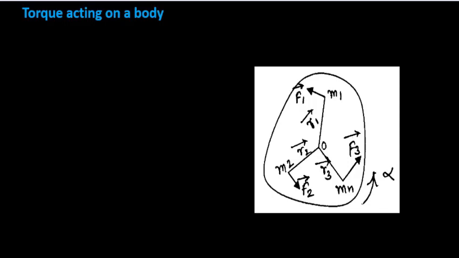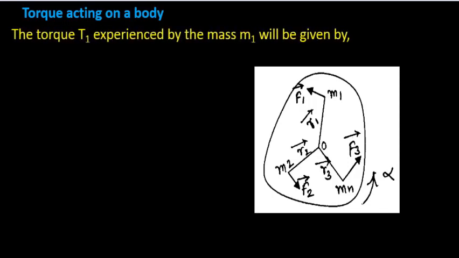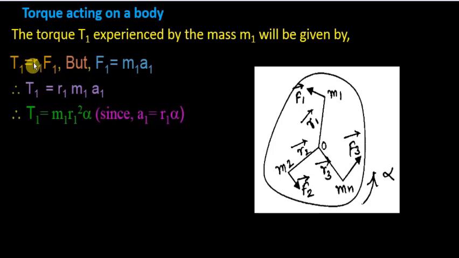Now, for the first particle, we can write torque, meaning moment of force, as R1 F1. The actual formula is R F sin theta, but theta is 90. Therefore, we get torque T1 = R1 F1 sin theta. Actually, theta is 90, and sin 90 is 1, so T1 = R1 F1. But we know force equals mass into acceleration.